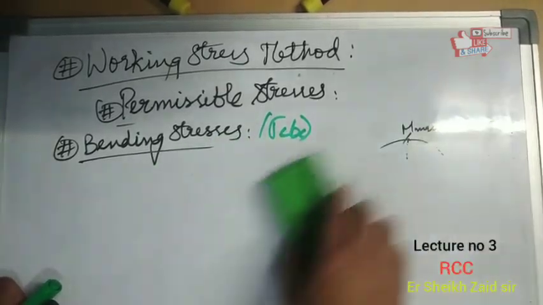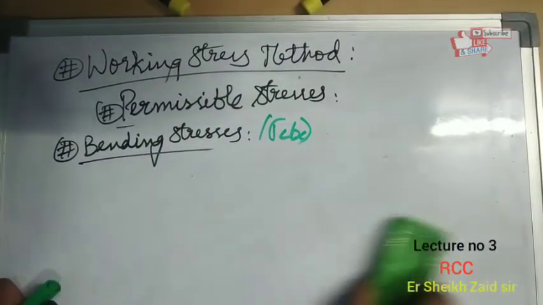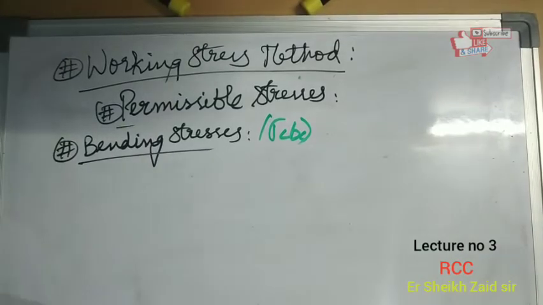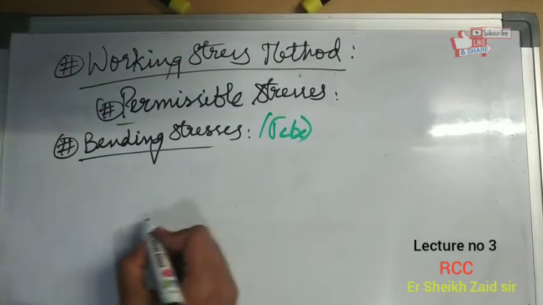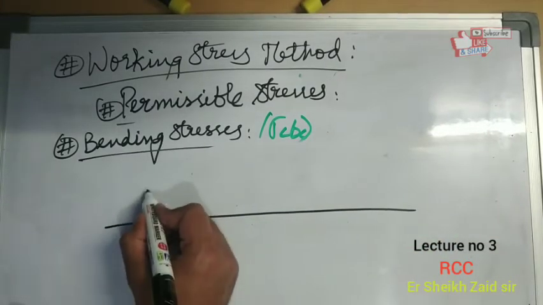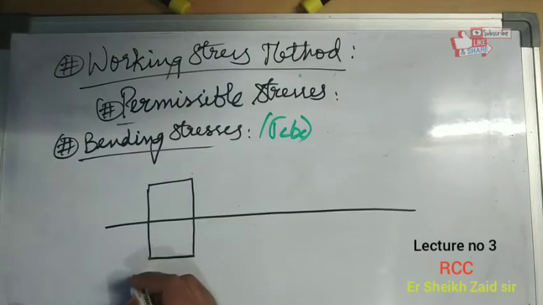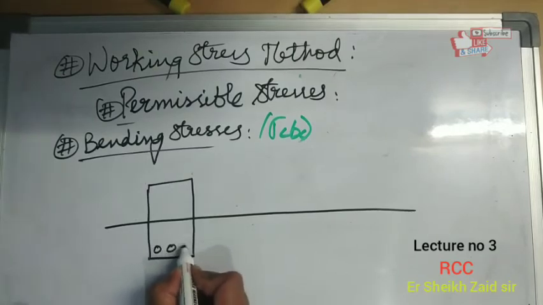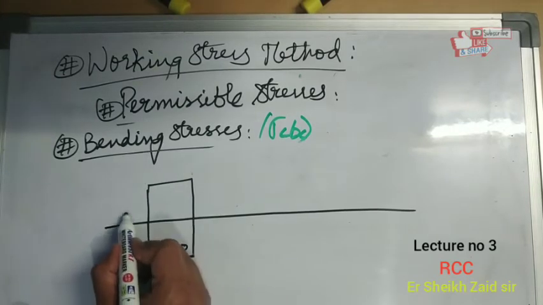Now the section that we have chosen, we will study the whole cross section. Here is the cross section of the beam, and these are the reinforcements. This is our neutral axis.